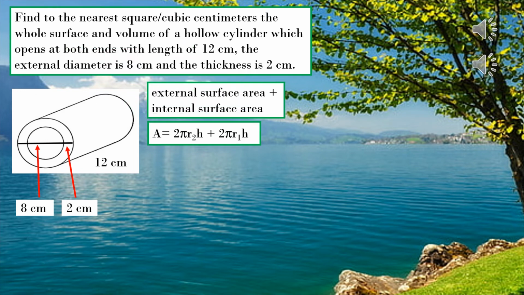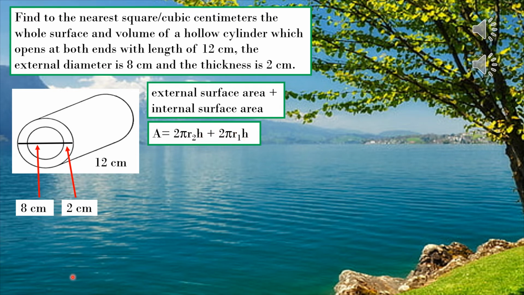So the formula is 2 pi r, the radius of the bigger circle, multiplied by its height, and then the internal is 2 pi r, the radius of the internal, times height. Notice that we can take out 2 and 2, pi and pi, and height and height.